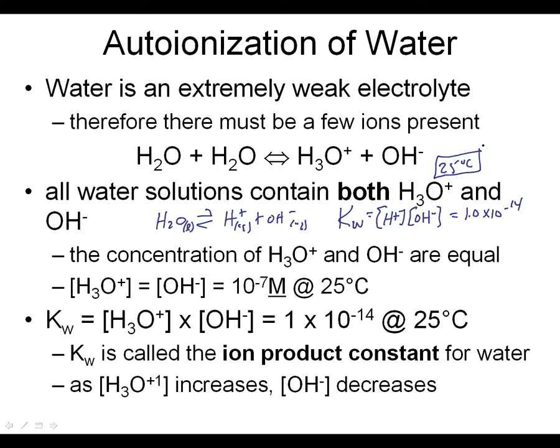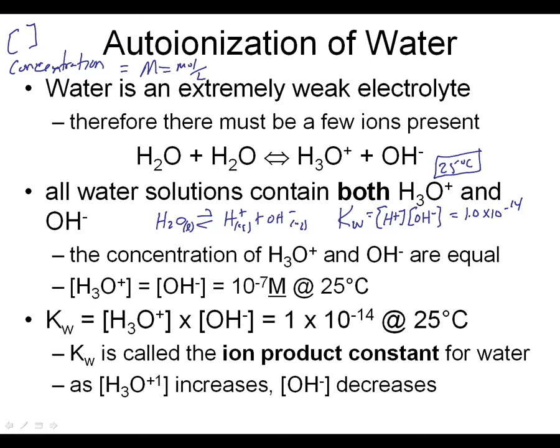And when we see these little brackets, by the way, it does mean concentration. And basically what we're talking about is molarity, which is moles per liter. So when you see those little brackets around something, it does mean concentration, and usually molarity is what we're talking about here.